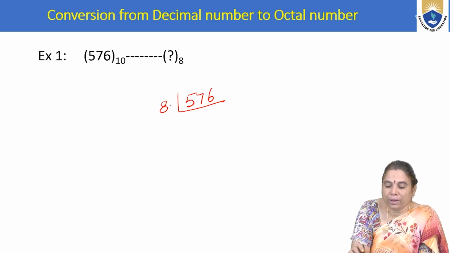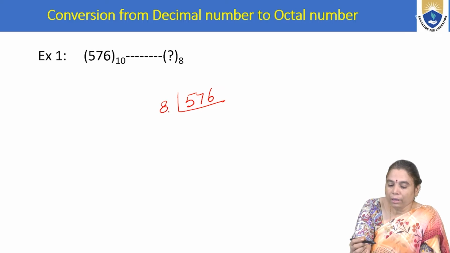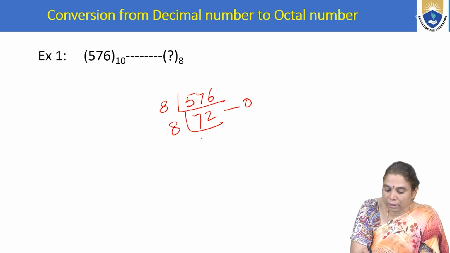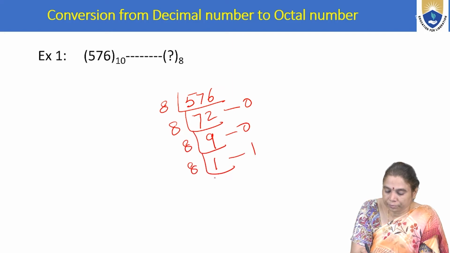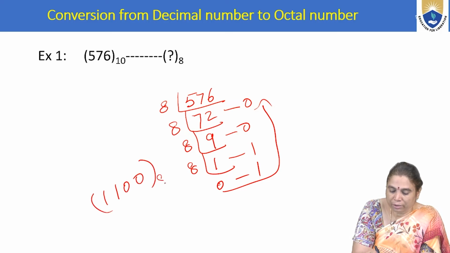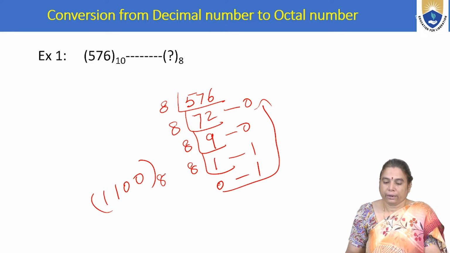The radix value of the octal number is 8, that's why the decimal number has to be divided by 8. The remainders have to be written in bottom up fashion. So this is the octal equivalent.